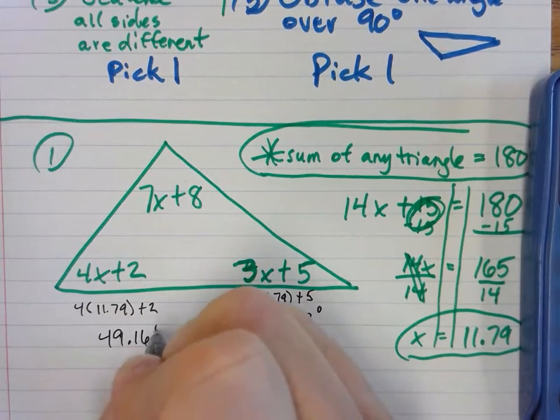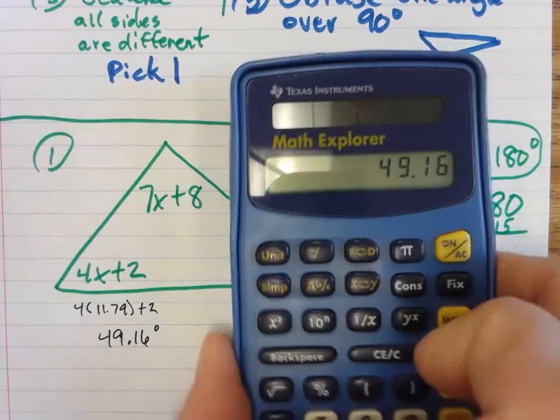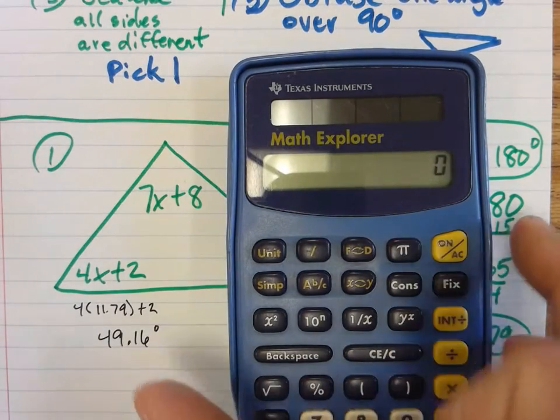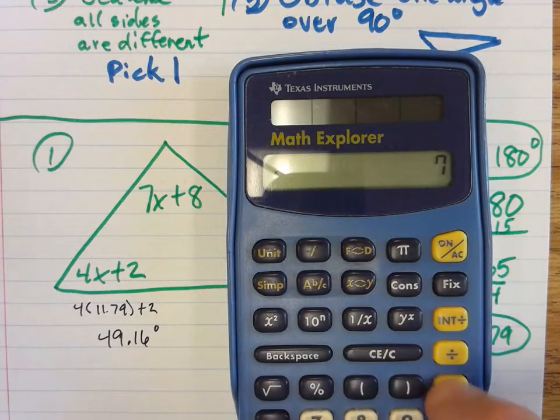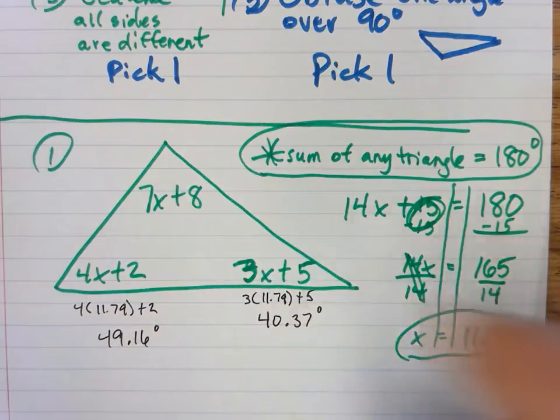That also is an acute angle. Okay, so at the moment we've got 2 acute angles. Let's see what this big one up here is. 7 times 11.79 plus 8. Ooh, 90.53. It's almost a right angle, just a little bit bigger, 90.53.